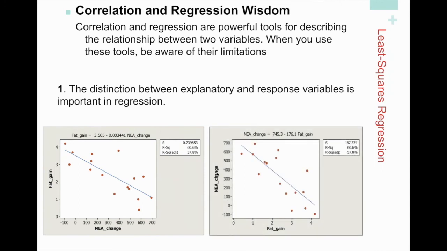Notice that when we change your explanatory and your response, your R squared and your R squared adjusted did not change, but your standard deviation changes. The equation itself changes, so your a and your b change, so be very careful.